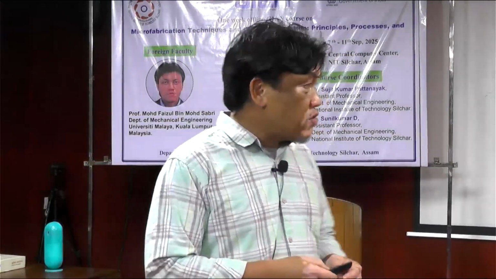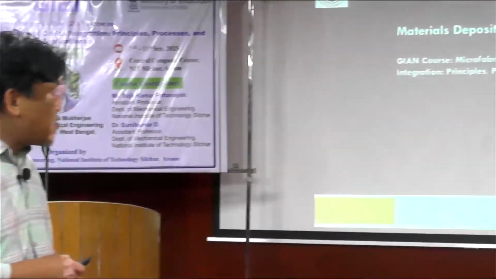Then we will look into how we can do the process and deposit the materials, as well as make them into structures and useful circuits, for example. So we will look into the process of materials deposition today.